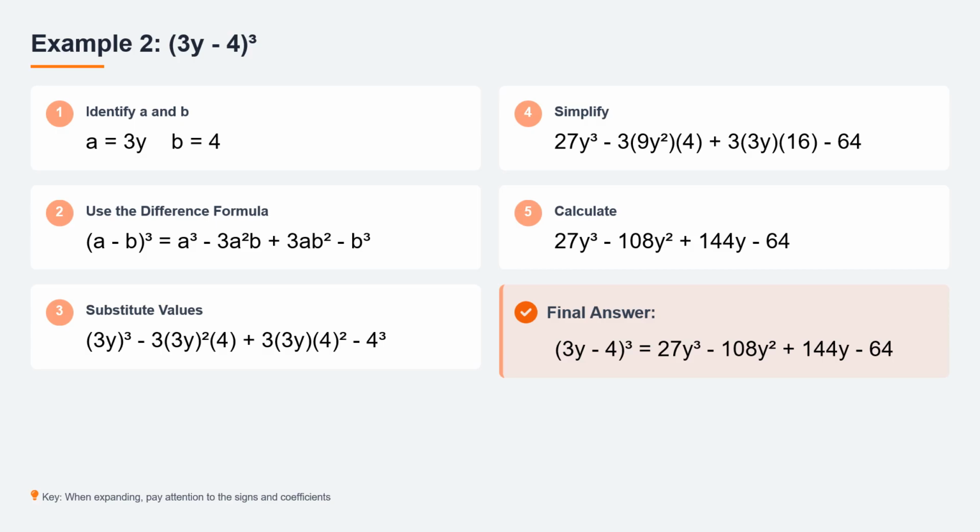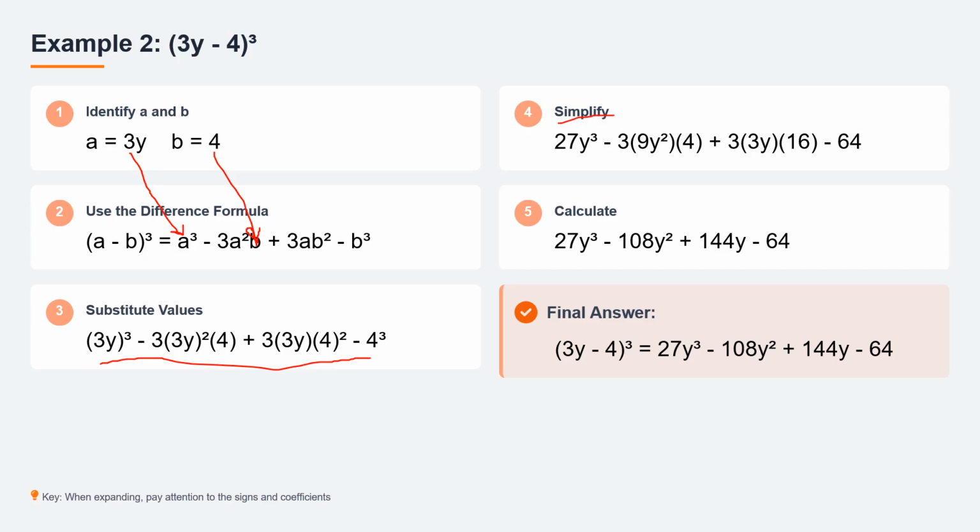Then, substitute the values. Again, your a is 3y and your b is 4. So we're going to change all of the values of your a's and b's. Once we have substituted, it will look like this. We'll have 3y cubed minus 3 times 3y squared times 4 plus 3 times 3y times 4 squared minus 4 cubed.